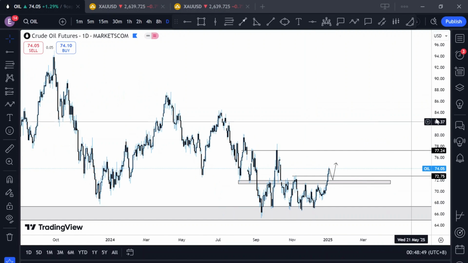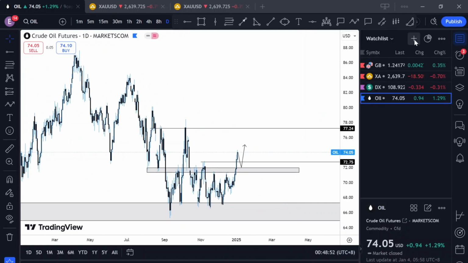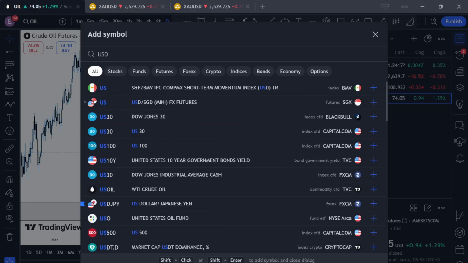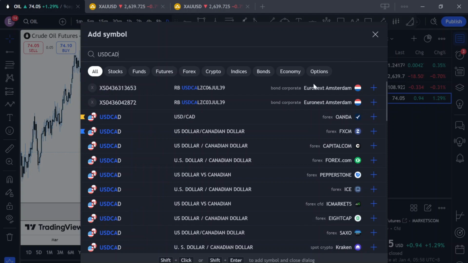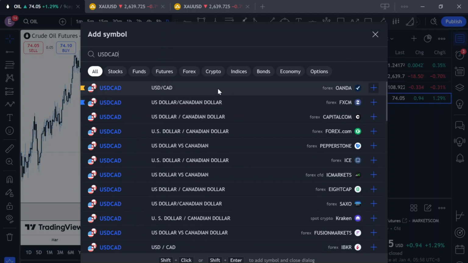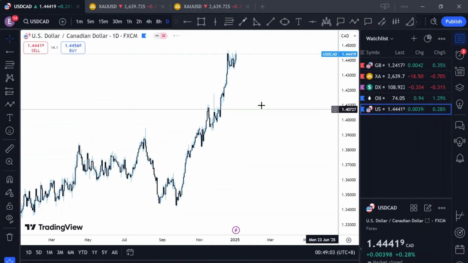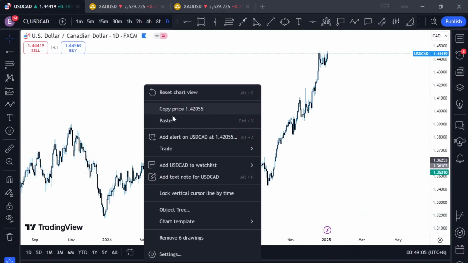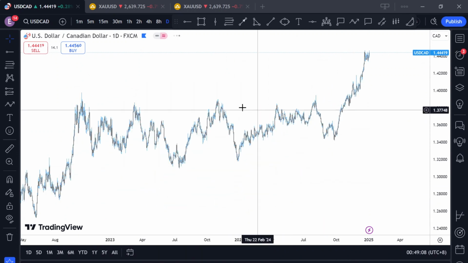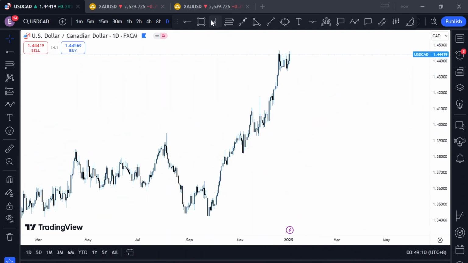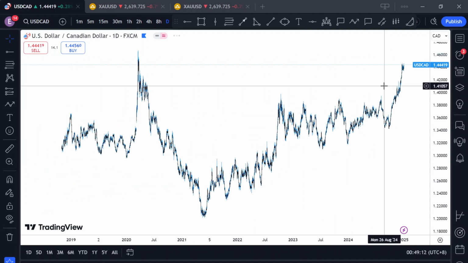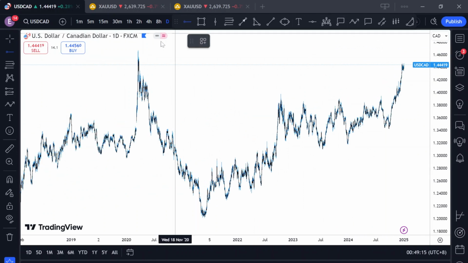Okay, and lastly, let's see that USDCAD that I've considered. I kind of think there's an opportunity there. Let's check this out. Let me remove these drawings here. So we've been in a very strong upward trend line.